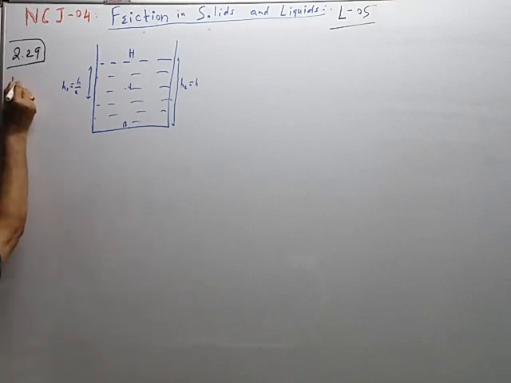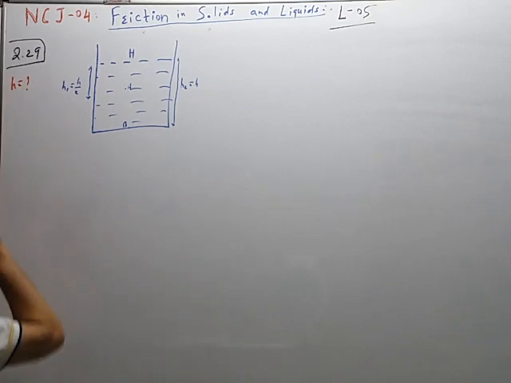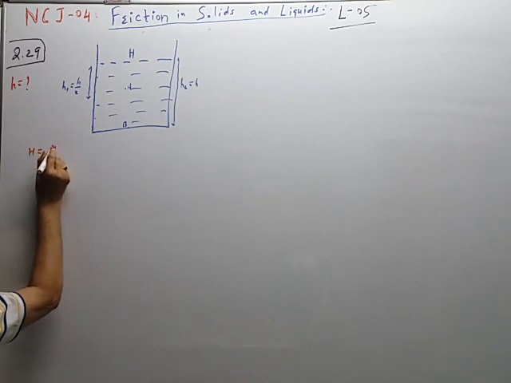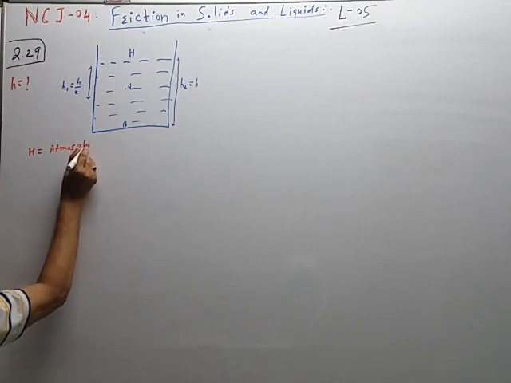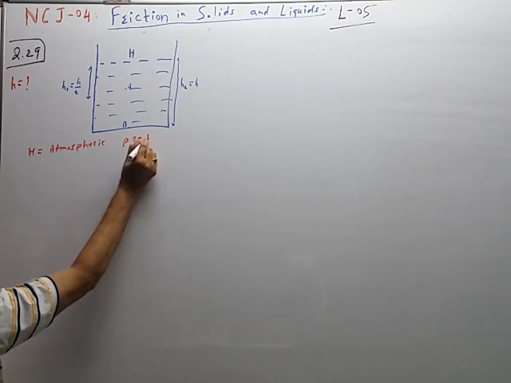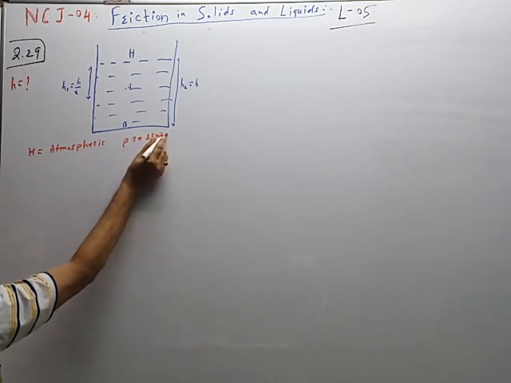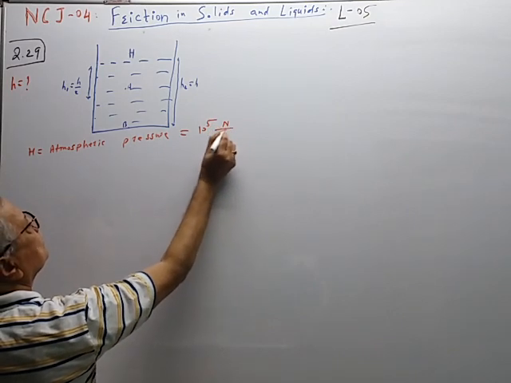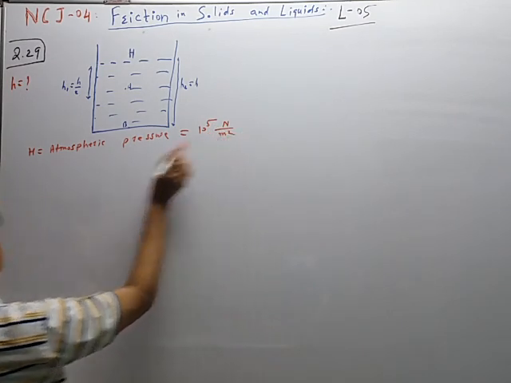Small h is equal to, the question now, capital H is equal to atmospheric pressure, which is equal to 10⁵ Newton per meter square.